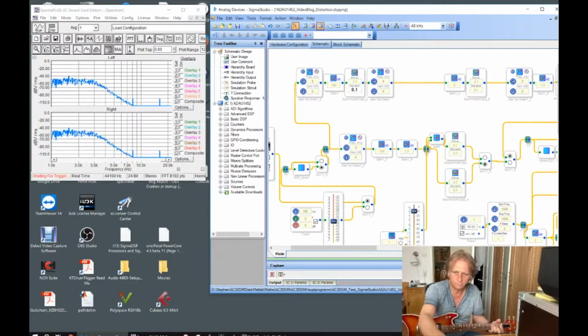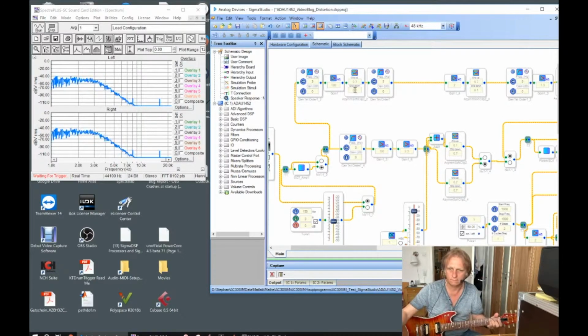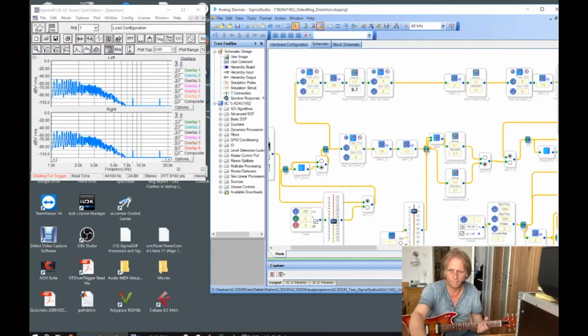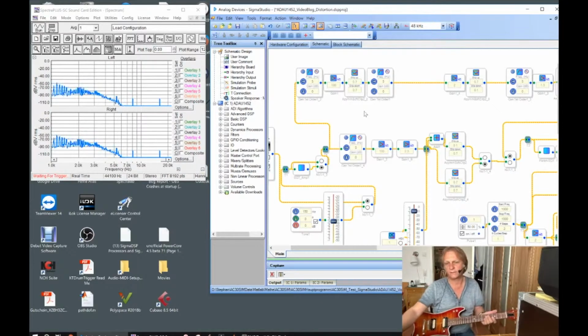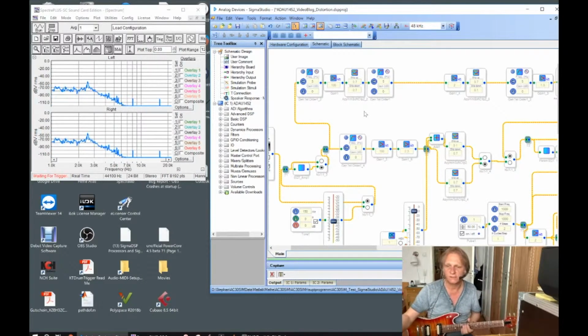Symmetrical. Look at the spectrum. So it's more difficult to judge this here, I think. It was easier to look and hear it on the single stage.